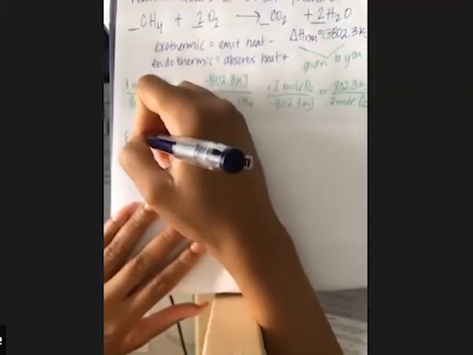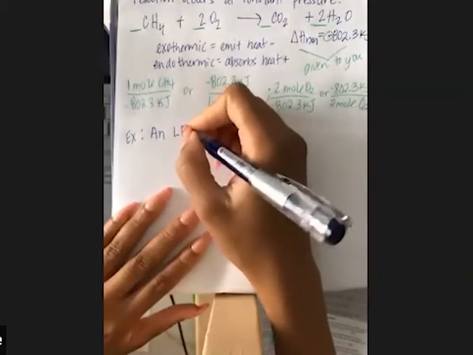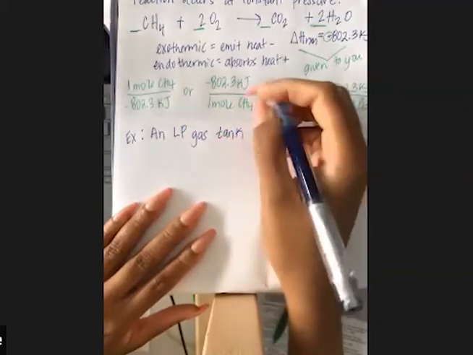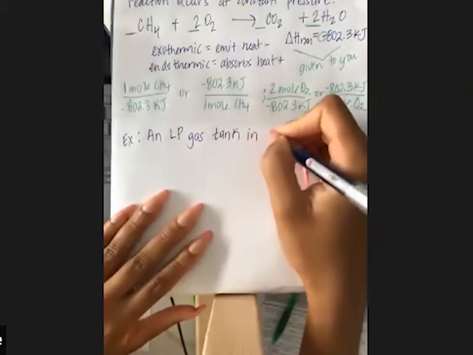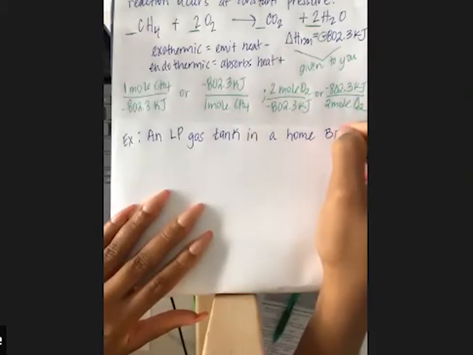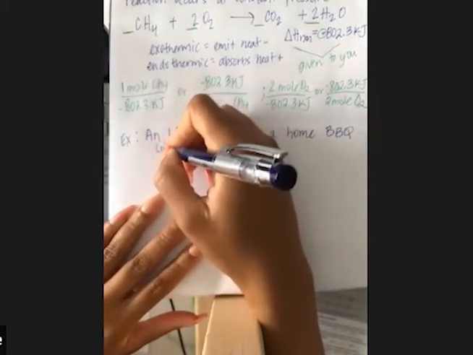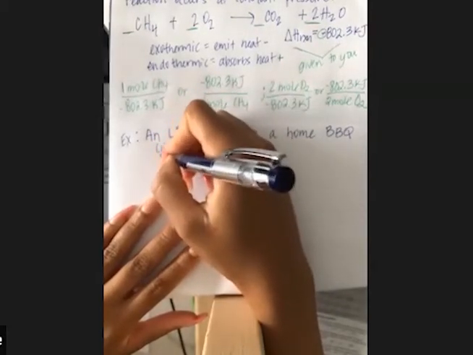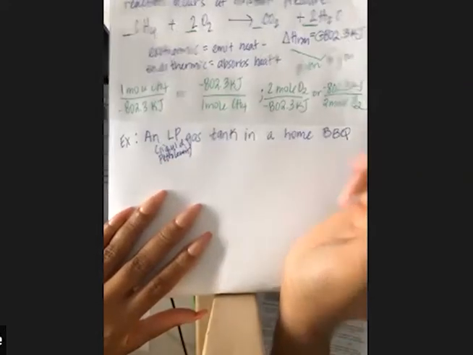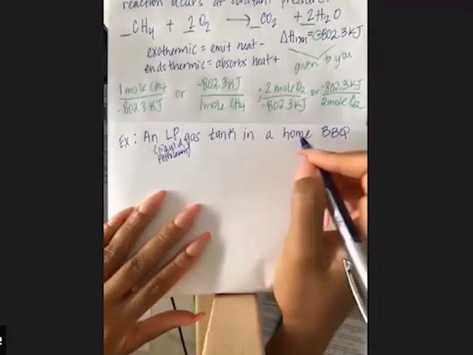if I have an LP gas tank in a home barbecue. You guys, LP stands for liquid petroleum, not Leah Page. All right, so liquid petroleum, it's saying I have an LP gas tank in a home barbecue.